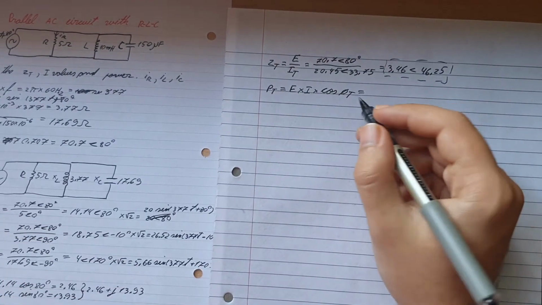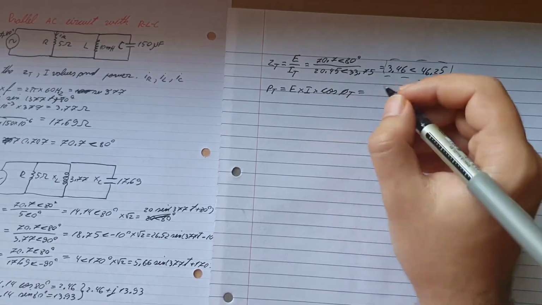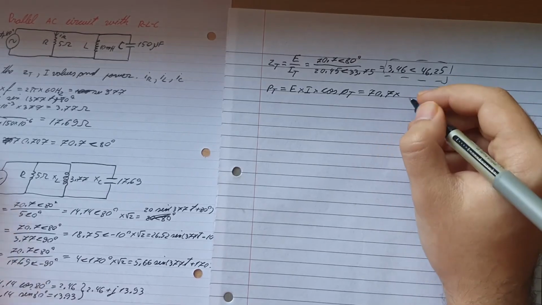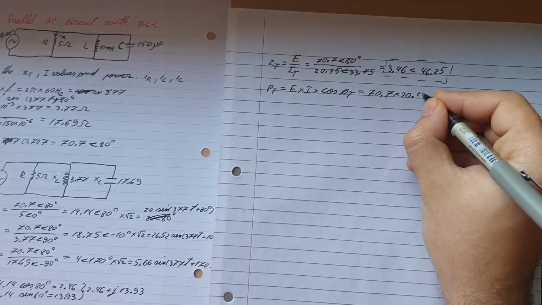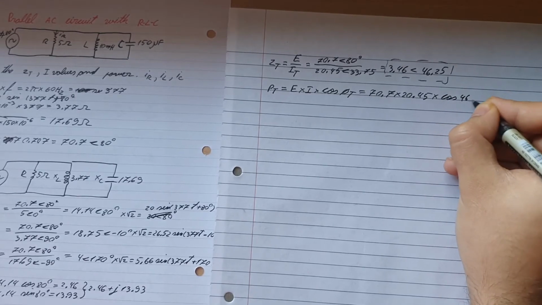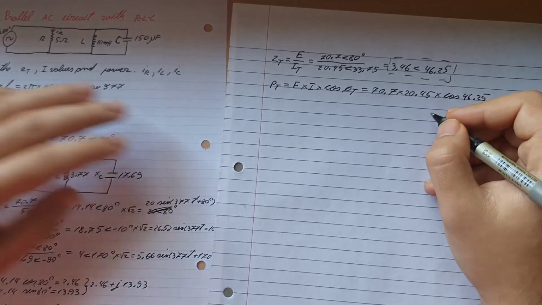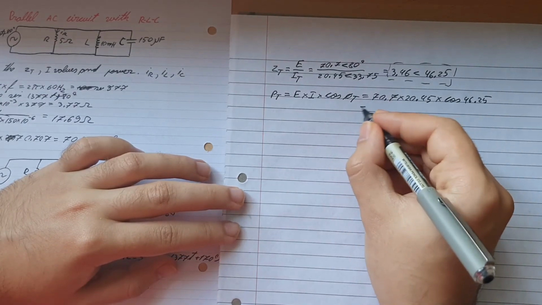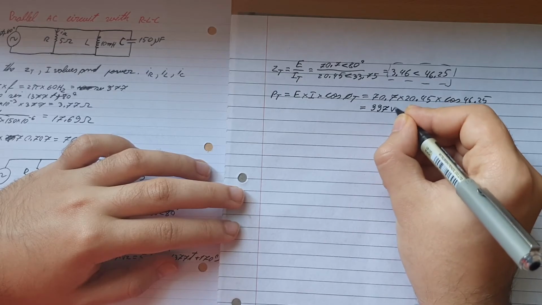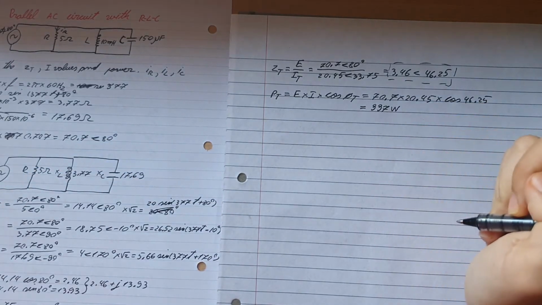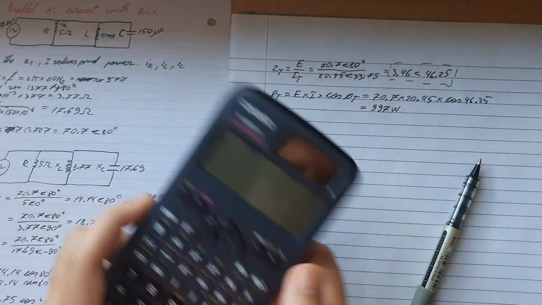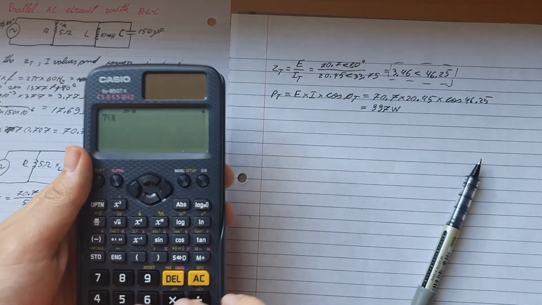Anyway, let's keep going. So E times I times cos of the angle, that'll be 70.7 multiplied by 20.45 times cosine of 46.25. So this one should be 997 watts. There we go. So is this it actually? Let me check, because we have used a different angle, don't we?